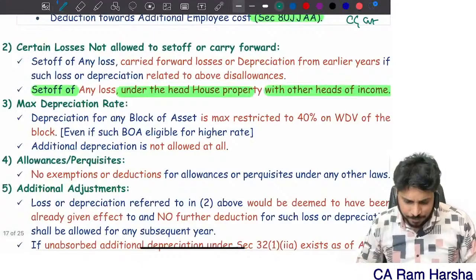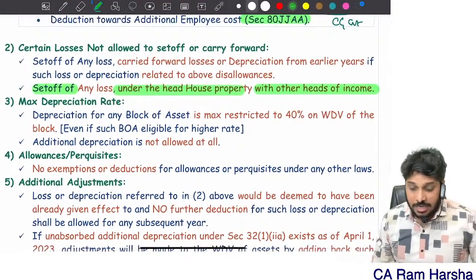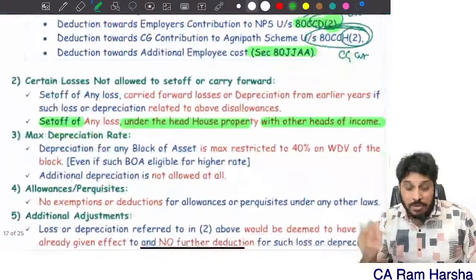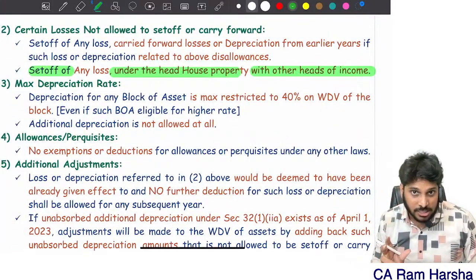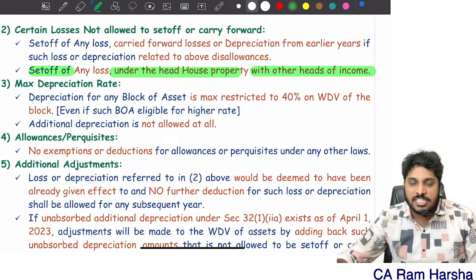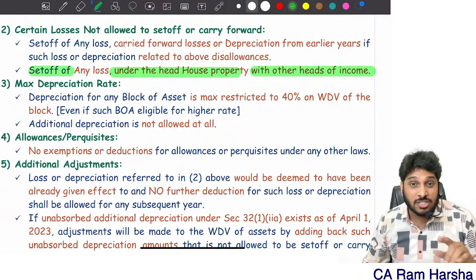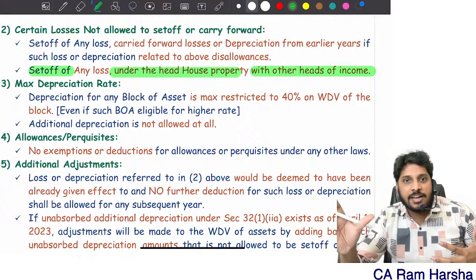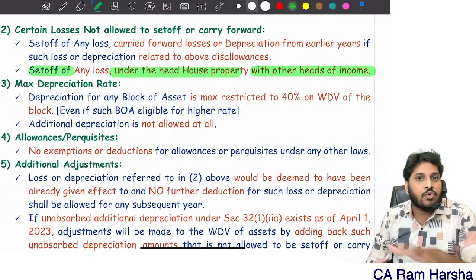Then coming to the deductions we know very well, if any brought forward losses related to them are there, we cannot set off with the current year income, because these are all disallowed allowances, disallowed items related deduction. So you cannot set off.